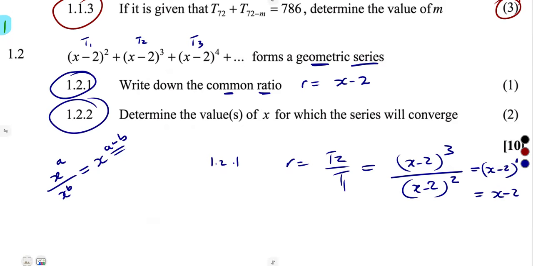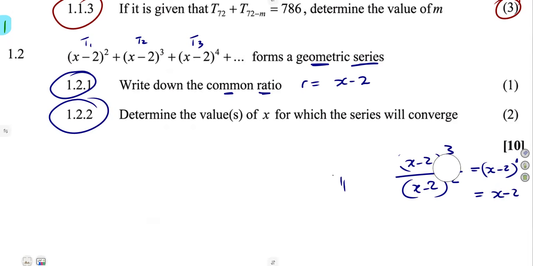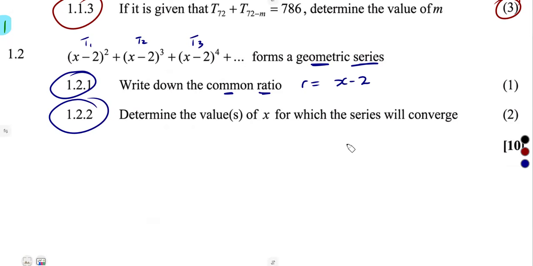On 1.2.2, we are now asked to determine the value or values of x for which the series will converge. They are telling us that for this series to converge, what must be the value of x?